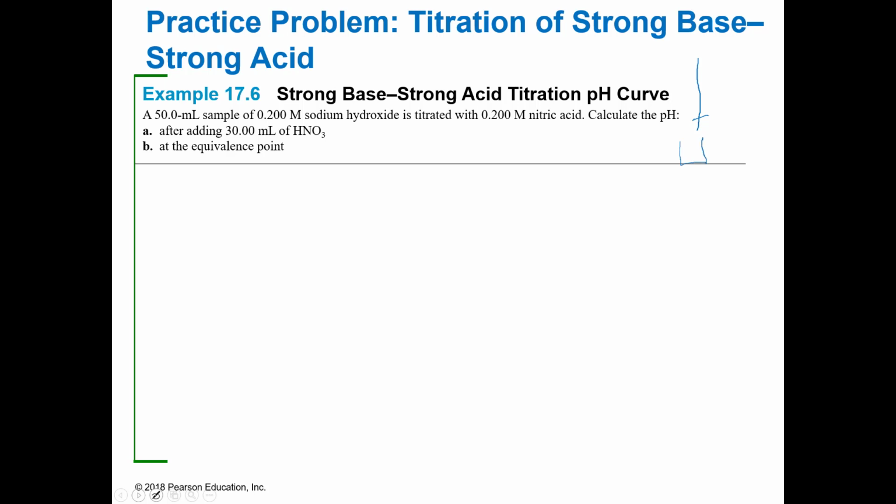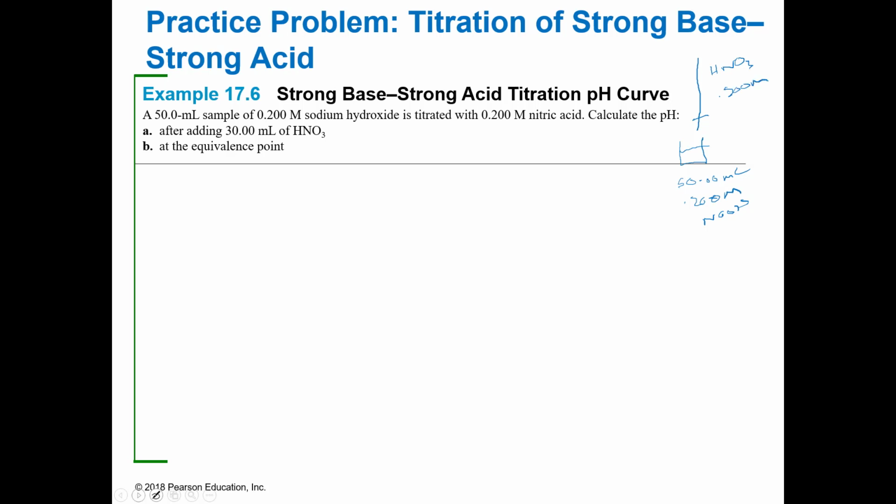What makes this one a little strange is we know the volume of sodium hydroxide in our analyte container, and we know the concentration of the sodium hydroxide is 0.200 molar. And so up here as our titrant, we have the nitric acid, and we know that the concentration is 0.200 molar.